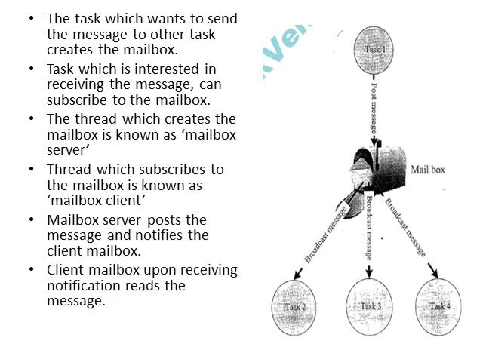The thread or task which creates the mailbox is known as the mailbox server, and the tasks or threads wanting to receive the message are known as mailbox clients. These mailbox clients have to subscribe to the mailbox, saying that they want to receive the messages. In the given figure, task 1 is the mailbox server, whereas tasks 2, 3 and 4 are mailbox clients.